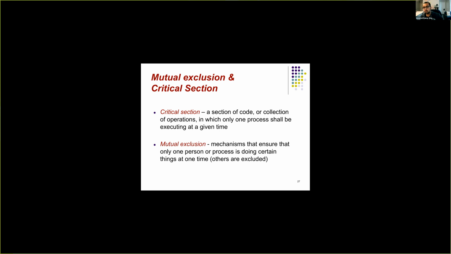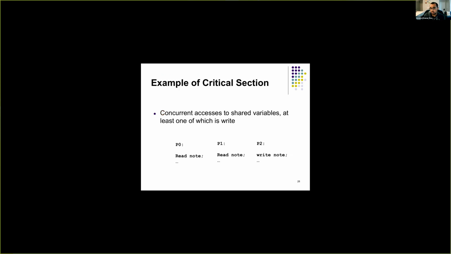You can use mutual exclusion to protect a critical section, right? Mutual exclusion enables you to make sure that only one process can be executing a certain set of instructions, and that particular set of instructions can be a critical section. Examples of critical sections are concurrent accesses to shared variables. Basically, if a variable is used by multiple processes, then any access to that variable should be considered a critical section.